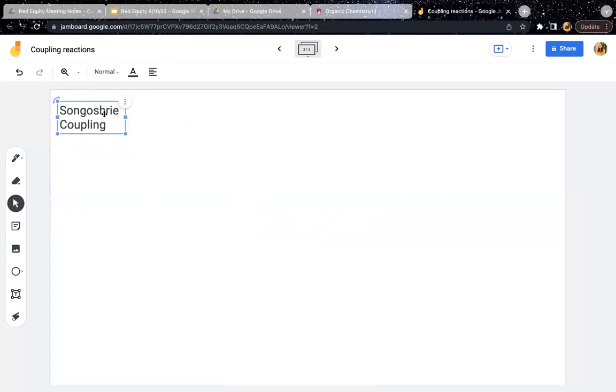Okay, so for Sonogashira coupling, it is going to be using copper iodine. So we'll first write out what it is. It works the same way. It's just joining that carbon bond. It's just attaching two different molecules together, basically, which is all coupling is. These are all just different ways of doing it.